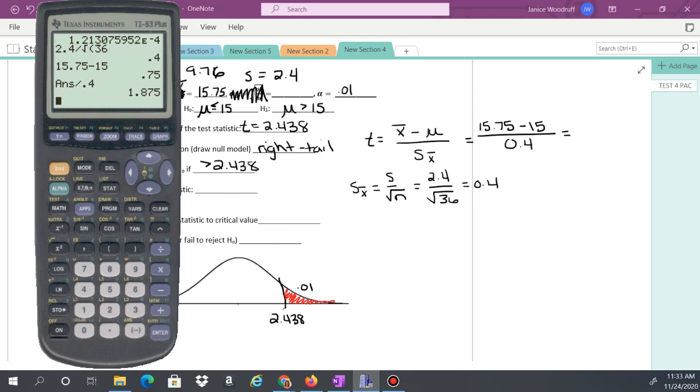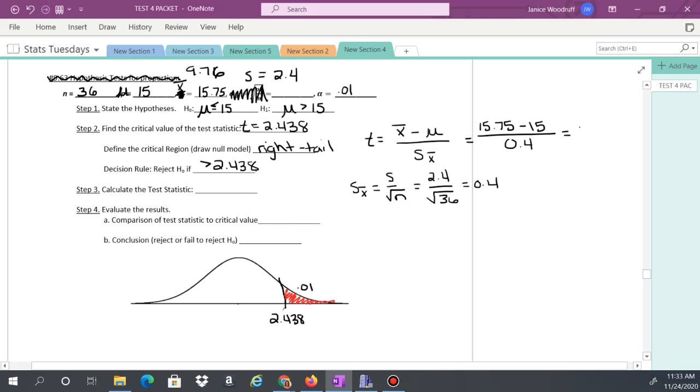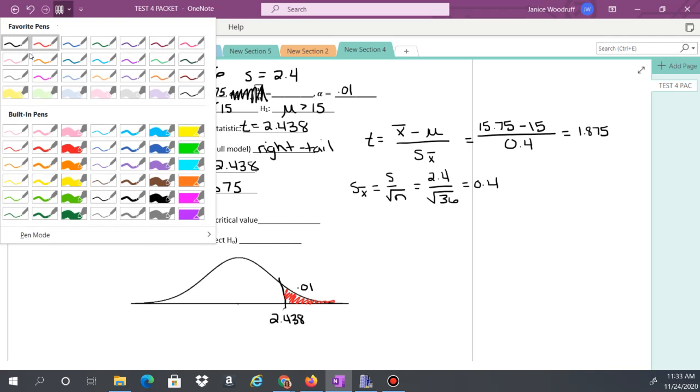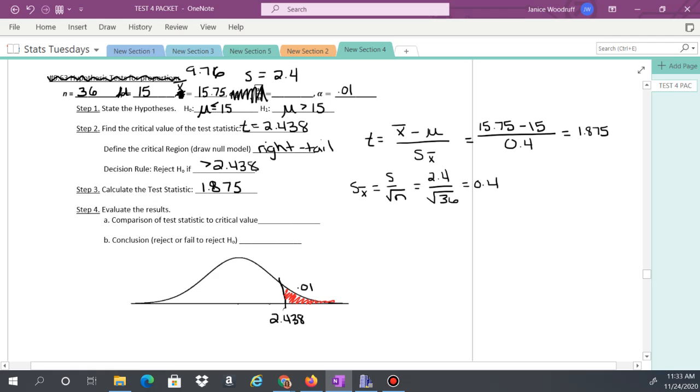And that's going to give us 1.875. So my test statistic is 1.875. If I chart that on my graph here, that is going to be about right here.